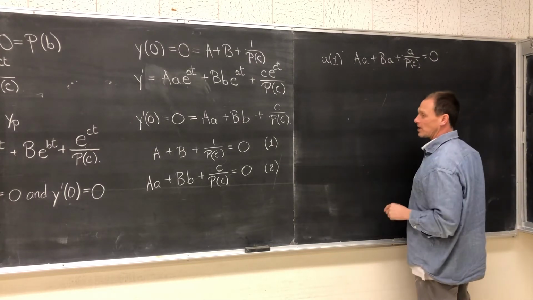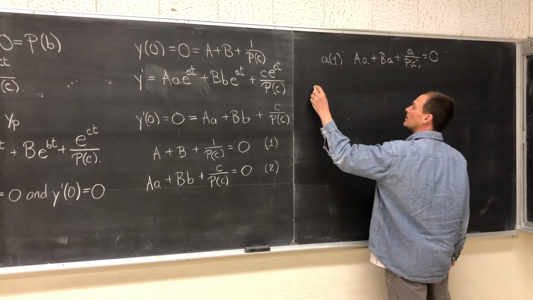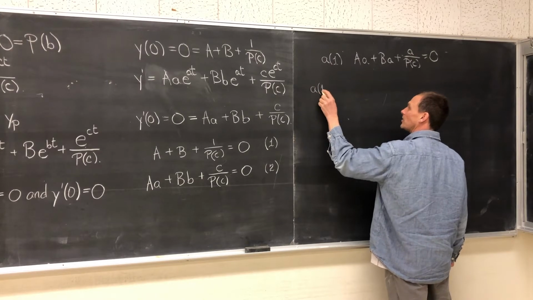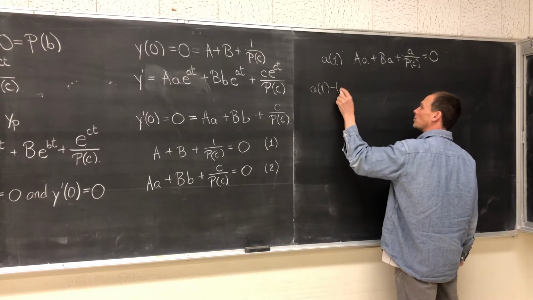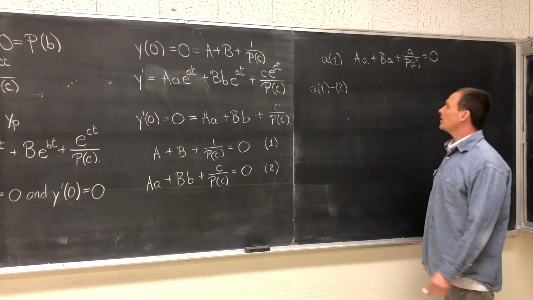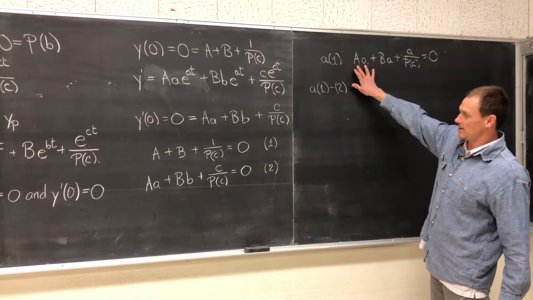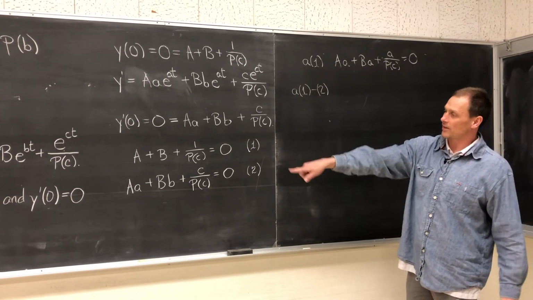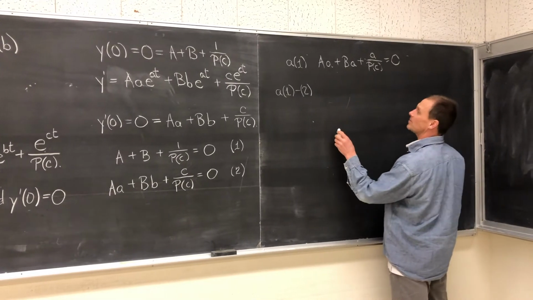And then just for clarity, what we're going to do is take a times equation 1 and subtract equation 2. So I have aa here, and I'm going to subtract the aa over there. That's going to give me a 0.